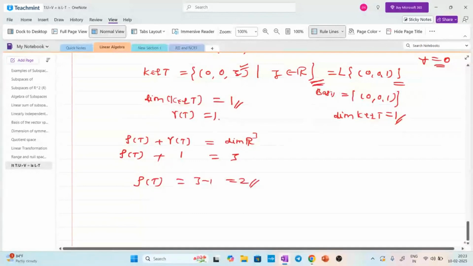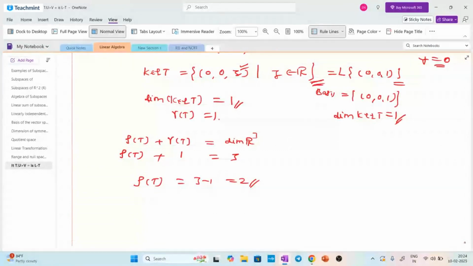Without calculating the range of T or its space, directly we can find out the rank of T by using the rank nullity theorem, which is equal to 2.